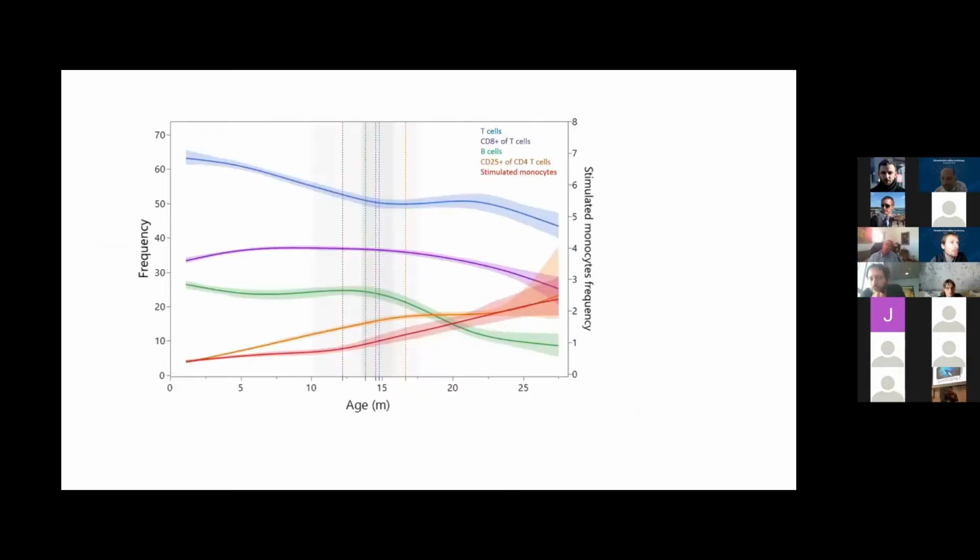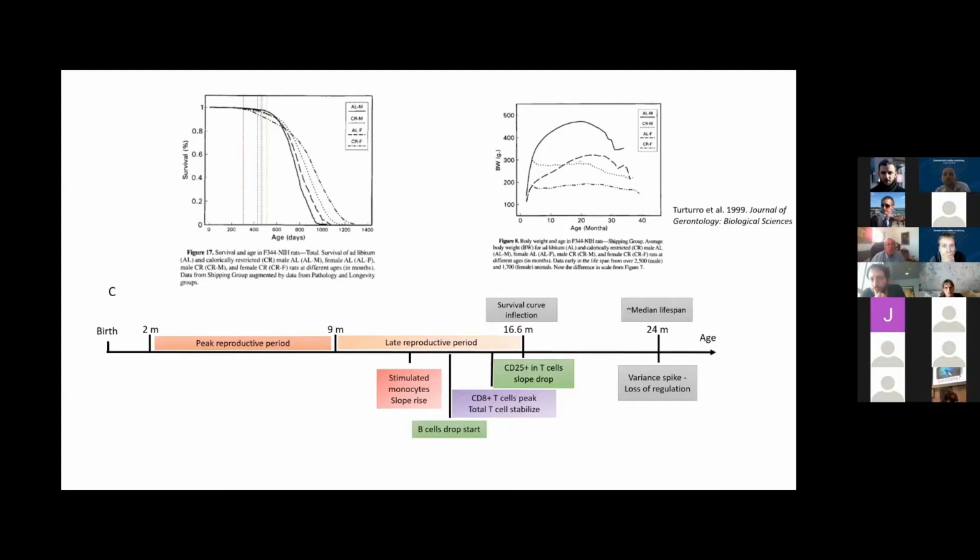When I did this for all of the parameters, I found something interesting. A lot of these change points or inflection points converge around 15 months of age, around middle age. When we look at that in terms of where it is on the survival curve of rats, it happens right before the drop in survival starts.